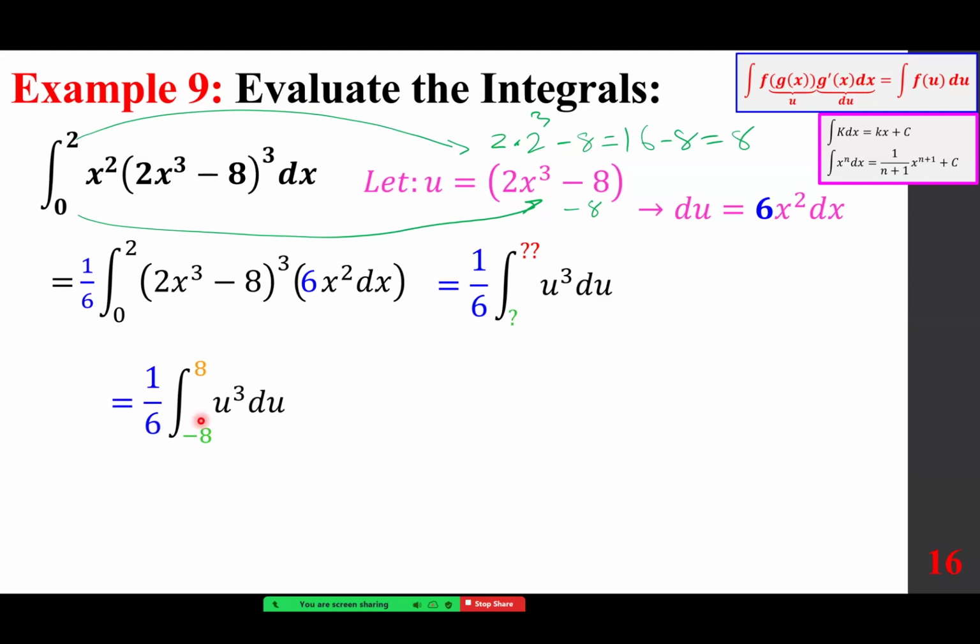And so this is a simple case of the power rule. So this will give you 1/4 u to the power of 4. And the product of these two numbers is 1/24, u to the power of 4, going from negative 8 to positive 8.